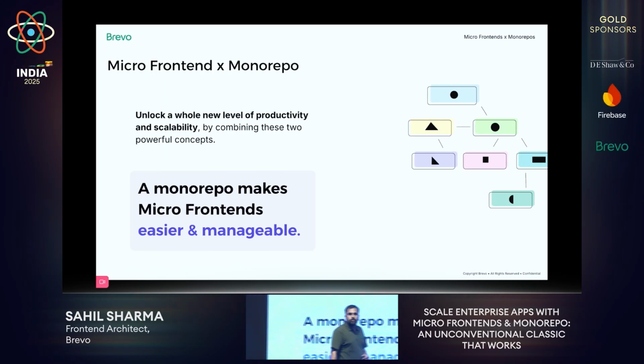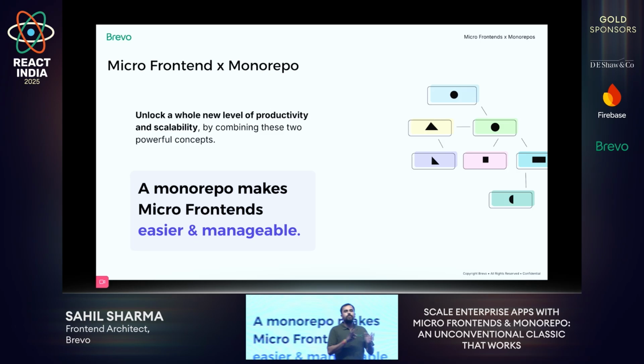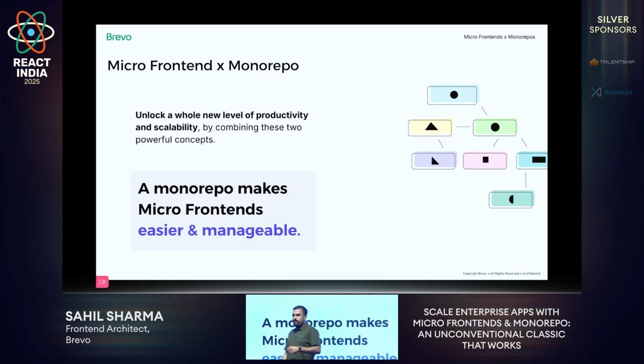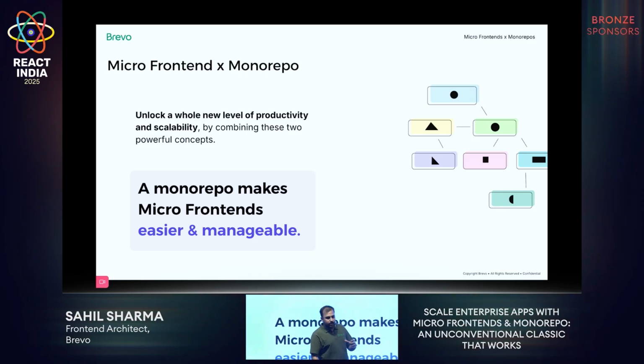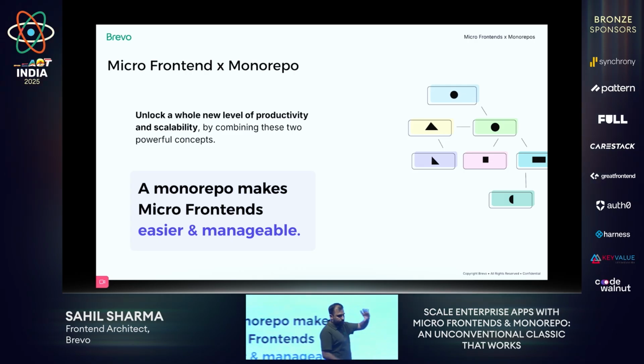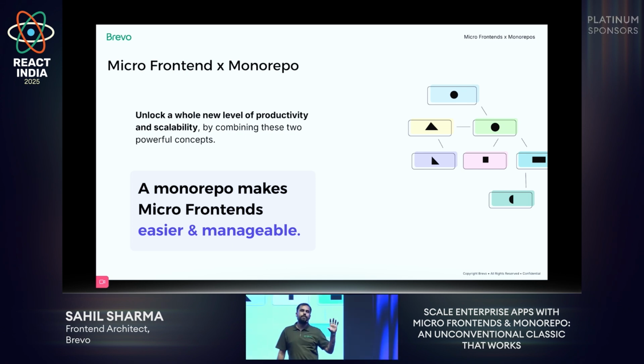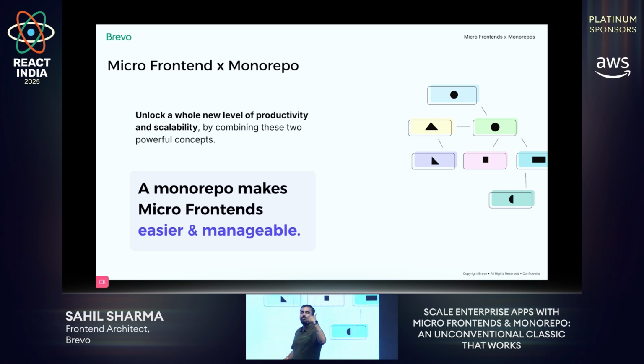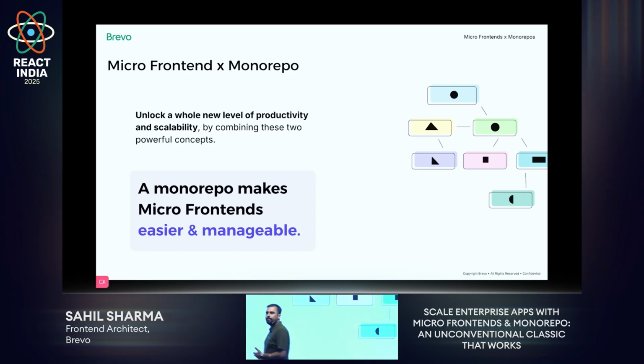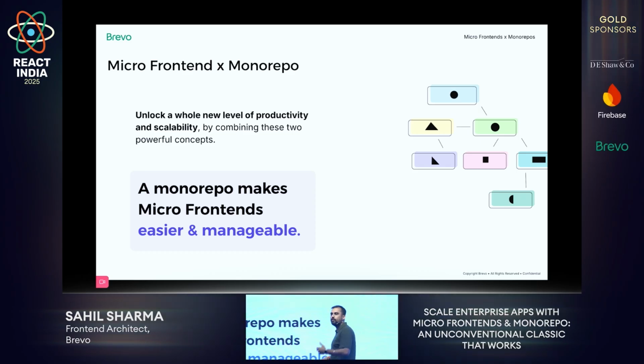Okay, so now we are going to mix these two, micro frontend and monorepos. It unlocks, I would say, a whole new level of productivity and scalability by combining these two powerful tools. Monorepo solves a use case where we are able to render all the independently deployed applications in a single container, but managing those individual applications is where the monorepo plays a role.